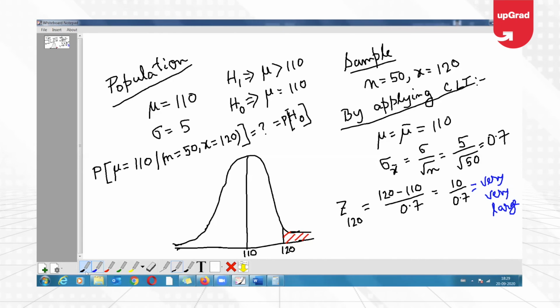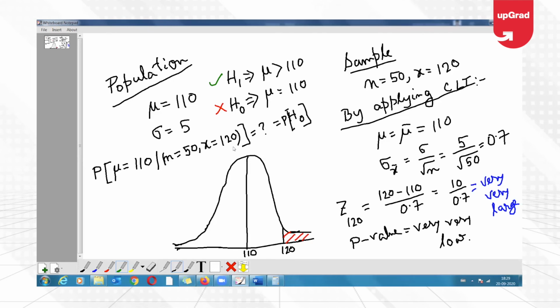Which means we'll get a p-value which is very, very low. Which means that we can perfectly reject the null hypothesis and accept the alternate hypothesis.